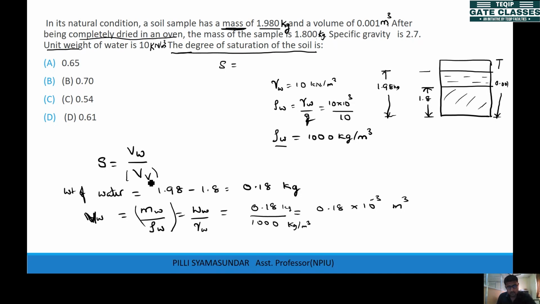How do we find out the volume of voids? That is the question mark here. I know the weight of solids, and I know the G value. So I can use this G value, which is given. The weight of solids equals the density of solids into the volume of solids.